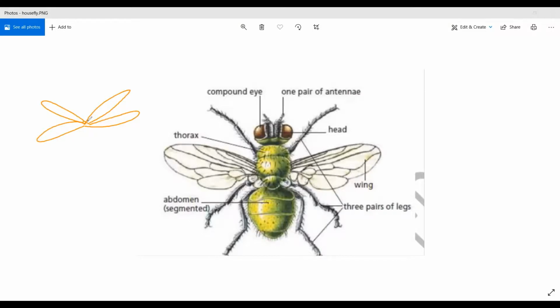Of course, they all lay eggs, and most of them act as vectors of diseases, carrying organisms to transmit diseases. Now, that's all about the animal kingdom.